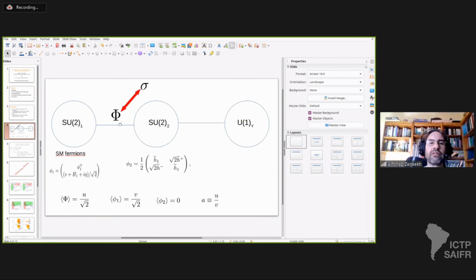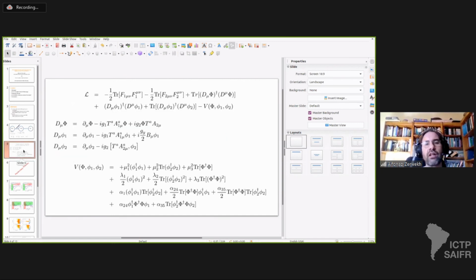And capital Phi includes a neutral scalar, which we call sigma, and this will be important in the phenomenology of the model. Well, this is the relevant part of the Lagrangian of the model, but I will not bore you with these details.